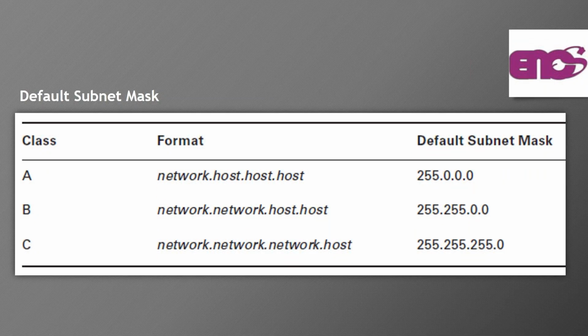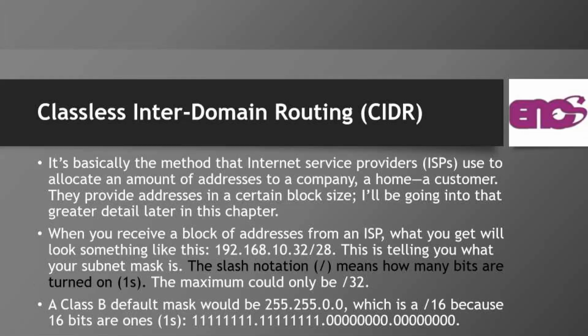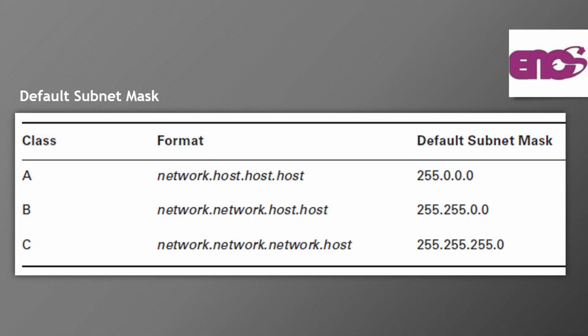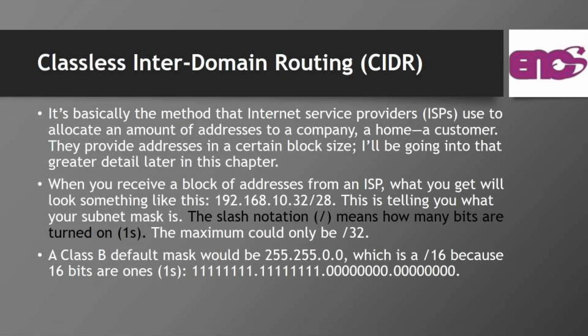And these are the default subnet masks: for class A it is 255.0.0.0, class B is 255.255.0.0, and for class C it is 255.255.255.0.